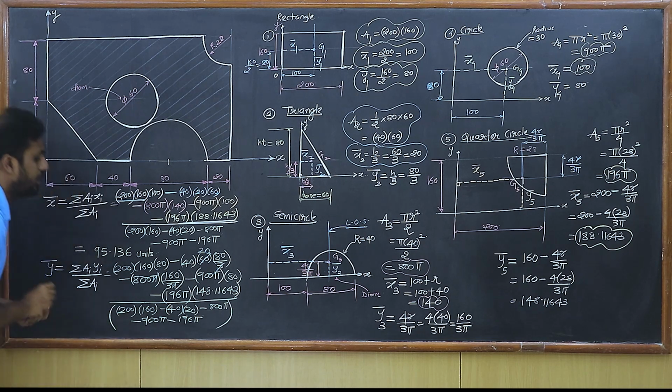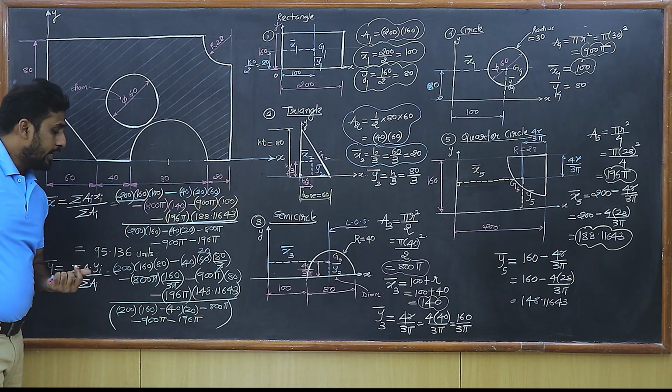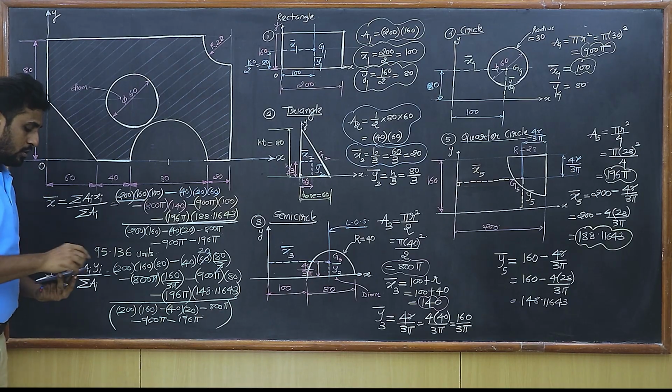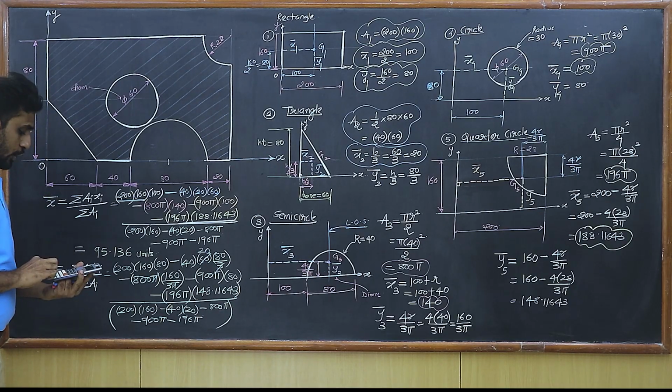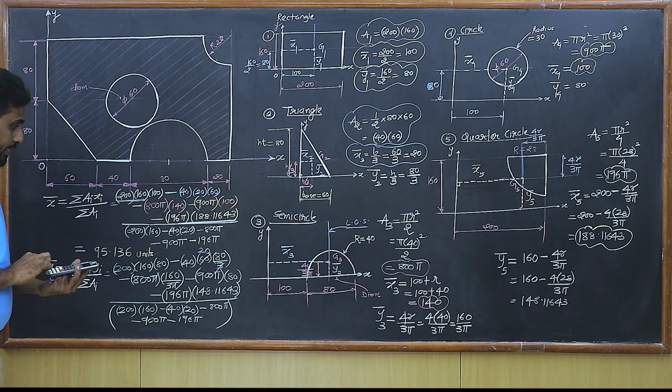So that's your denominator. So students, again we will need the help of the calculator. So let's get the answer over here also. So that's 200 into 160 into 80. So you need to do your calculations also. Make sure that you are also doing the calculations simultaneously. Minus 40 into 20 into 80.